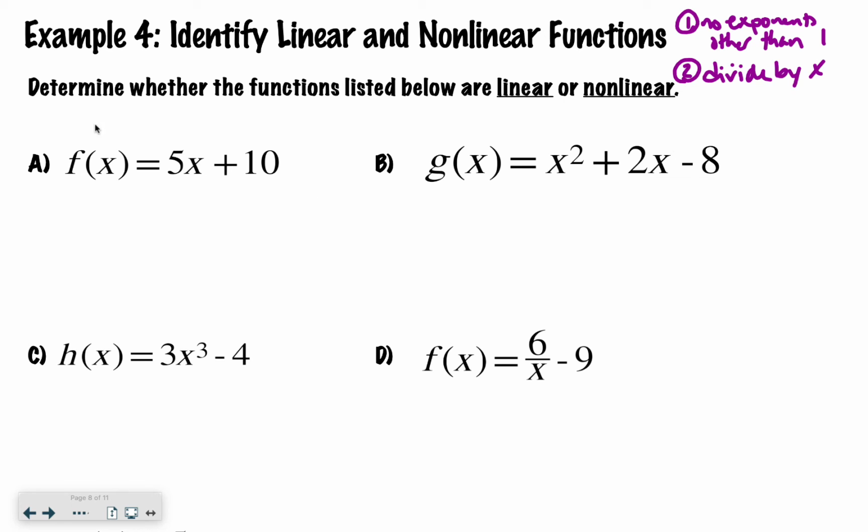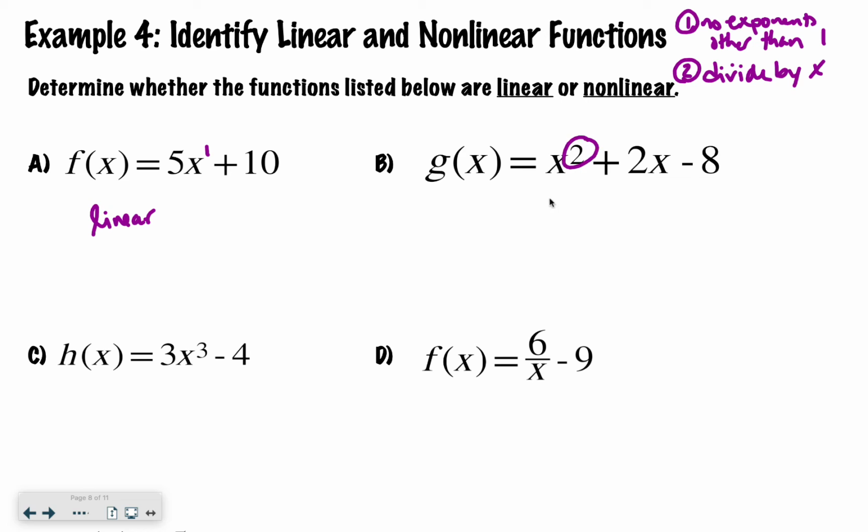All right, so let's look at letter A. F of x equals 5x plus 10. So I have 5x. There's no exponent listed here, so we assume it's a 1, plus 10. So this would be an example of a linear function because we only have exponents that are 1 and we're not dividing by x. All right, letter B. G of x equals x squared plus 2x minus 8.